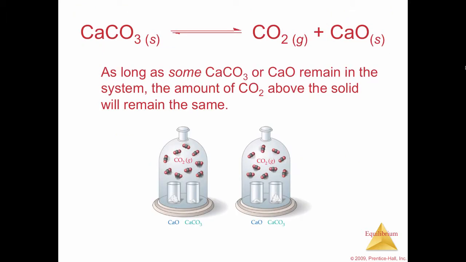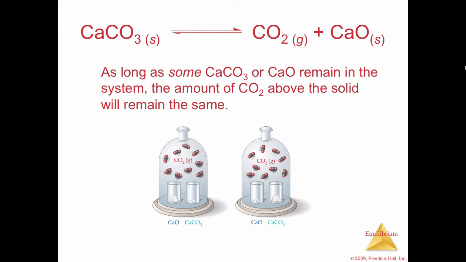Here's another example. The decomposition of calcium carbonate is another example of a heterogeneous reaction. We have pure solids and carbon dioxide gas. Omitting the concentrations of the solids from the equilibrium constant expression would give you Kc equal to just the concentration of CO2 gas.